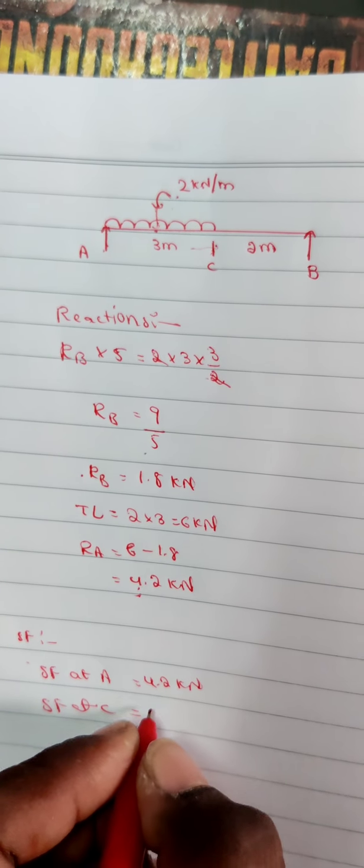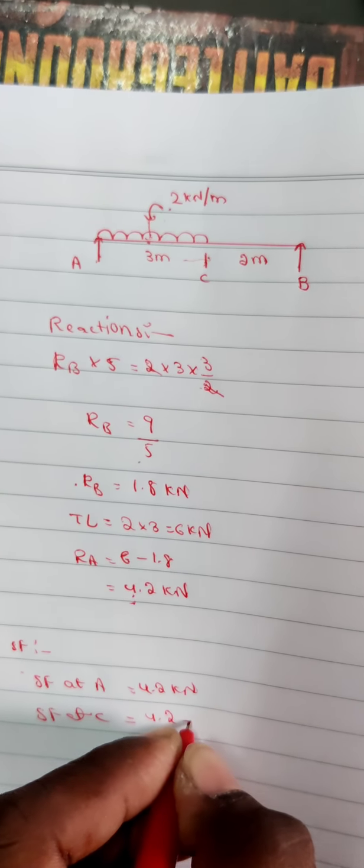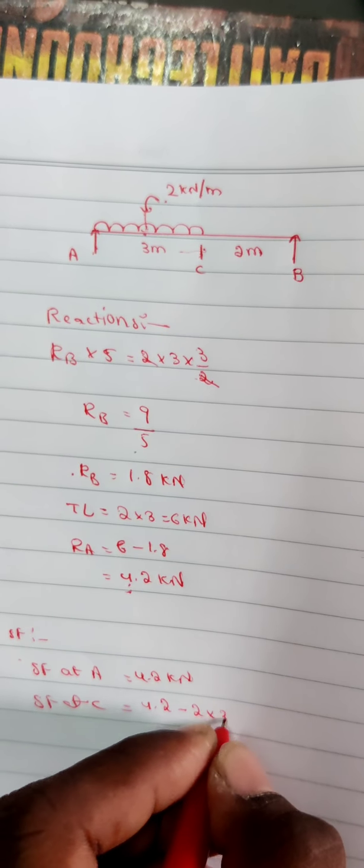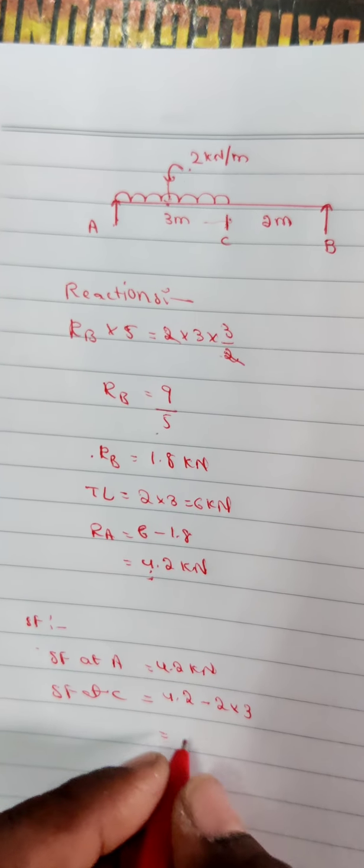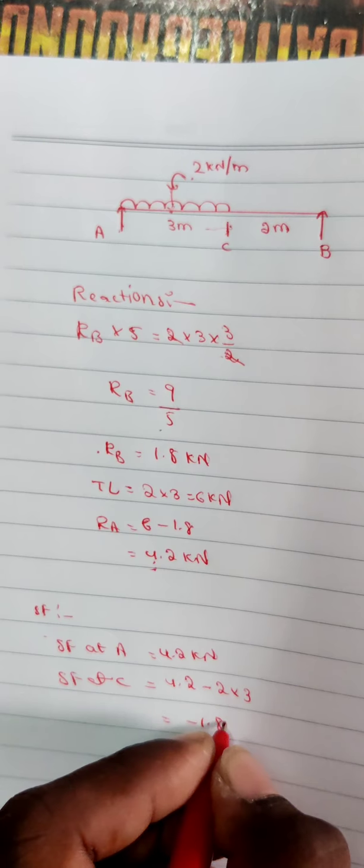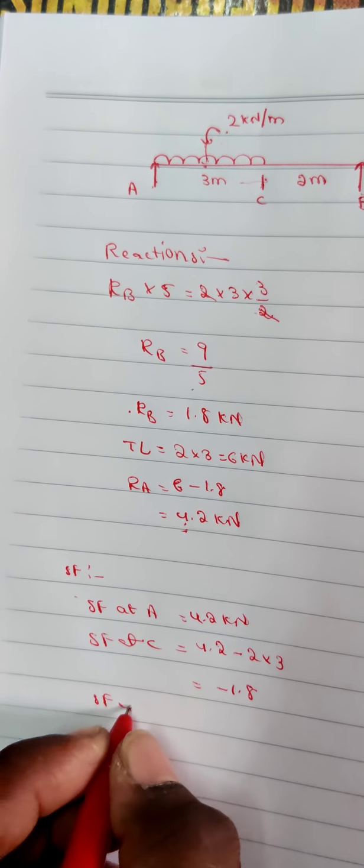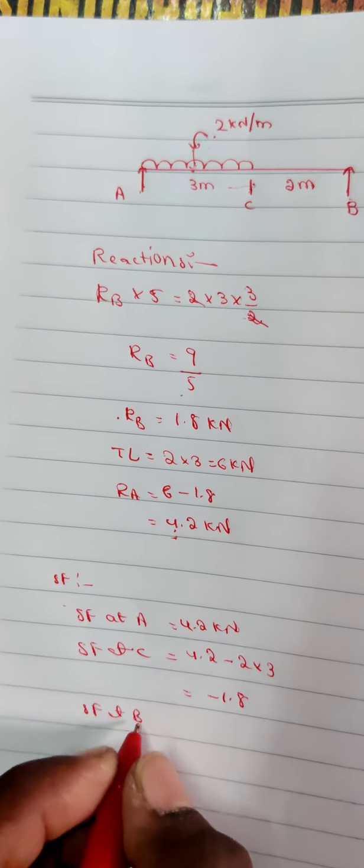So upward force RA, 4.2, minus downward UDL load, 2 into 3. This is minus 1.8. From C to B there is no load, so the shear force extends at the same intensity. So minus 1.8 kilonewtons is the shear force at B.